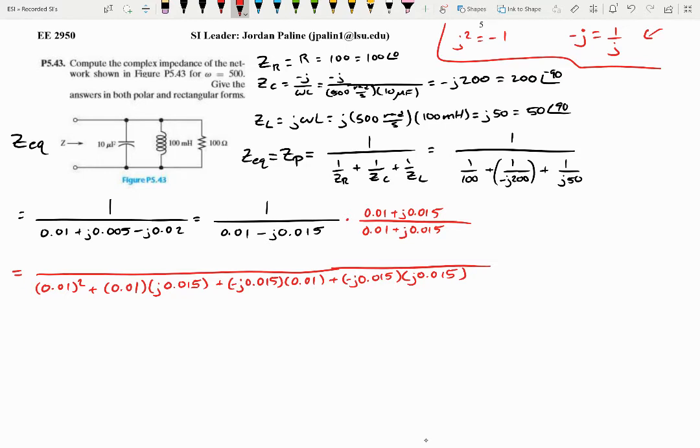Okay, so that's just the bottom. Then the top is going to be 0.01 plus j 0.015.